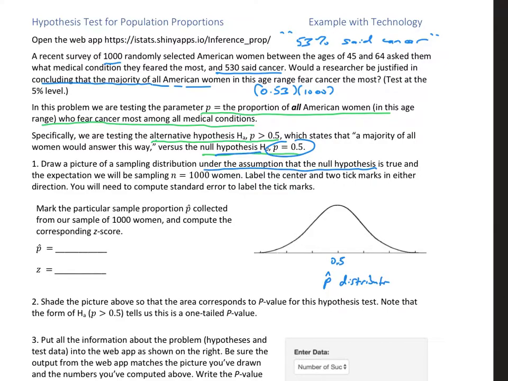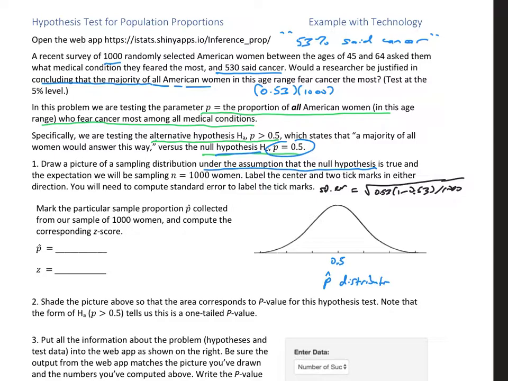To label the tick marks, I need to stop and figure out standard error. So the standard error formula, if you remember, is the square root of, we don't know the P, so we would use P hat instead, P hat times 1 minus P hat divided by the sample size.